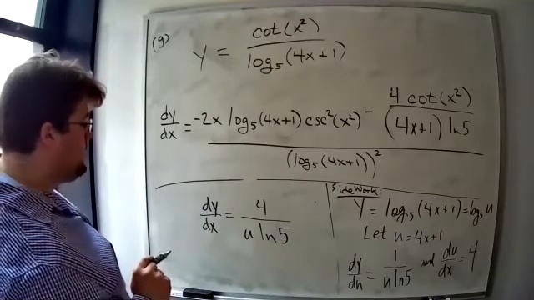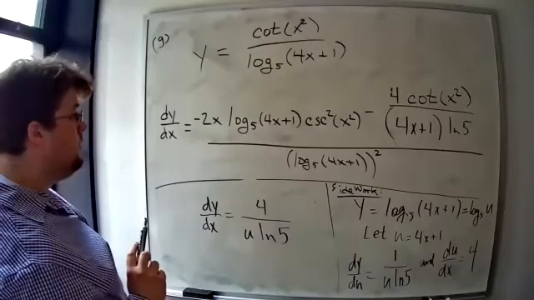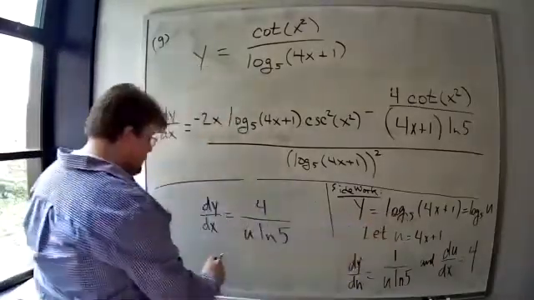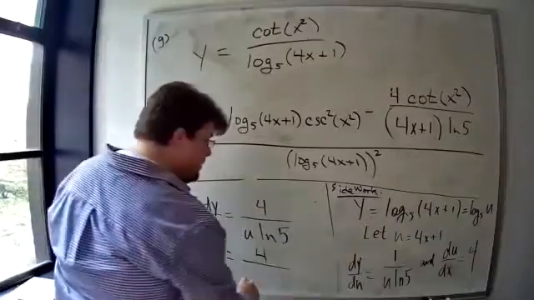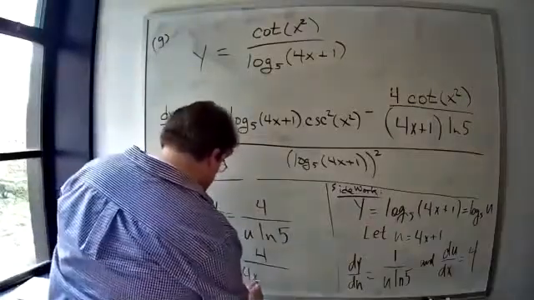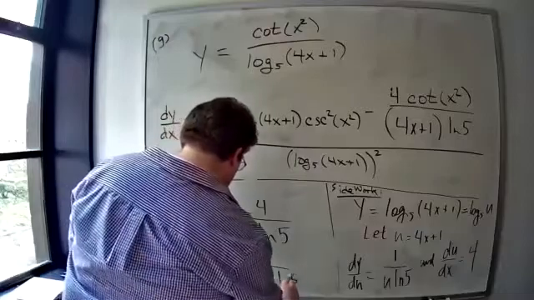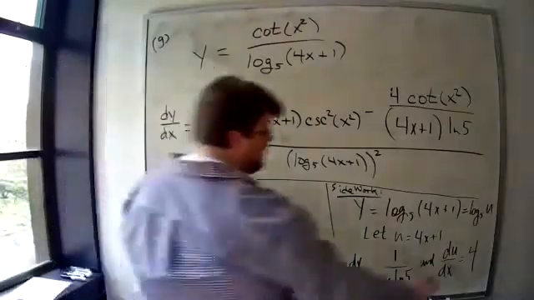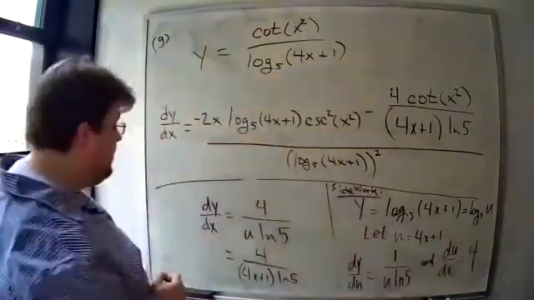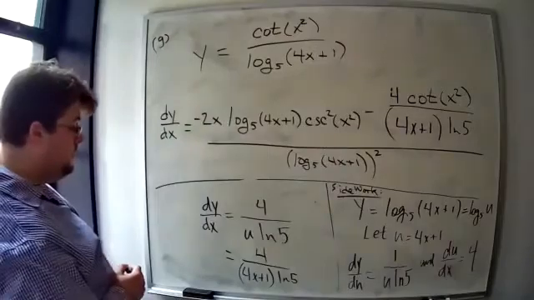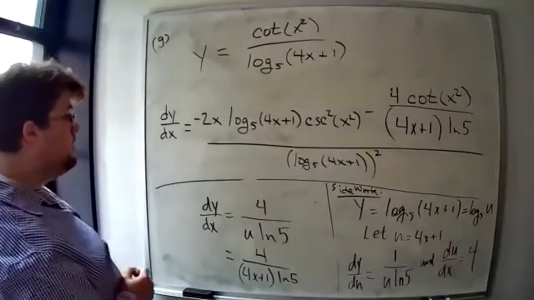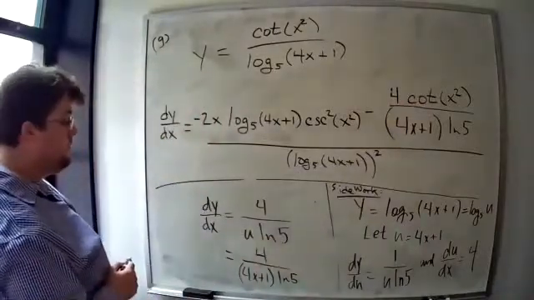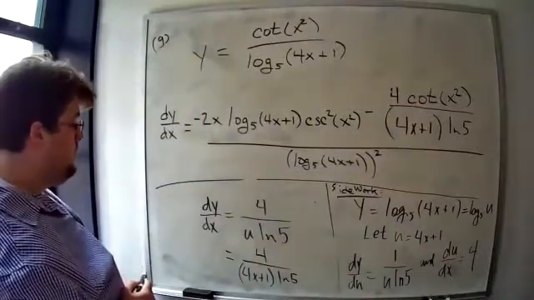Dy dx is not 4x plus 1 log 5. Oh. Dy dx for this side work is 4 over 4x plus 1 log 5 from multiplying that and that. And then we just put that. So what are you going to do with that? The dx and dy.